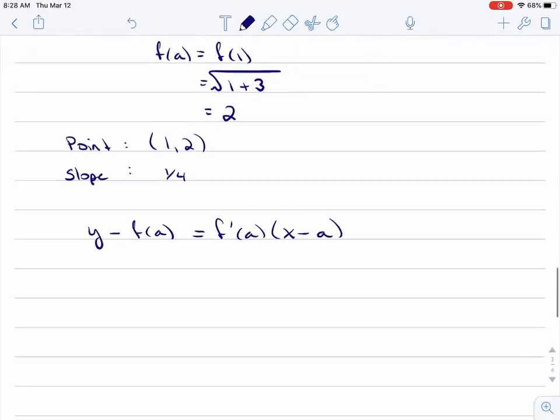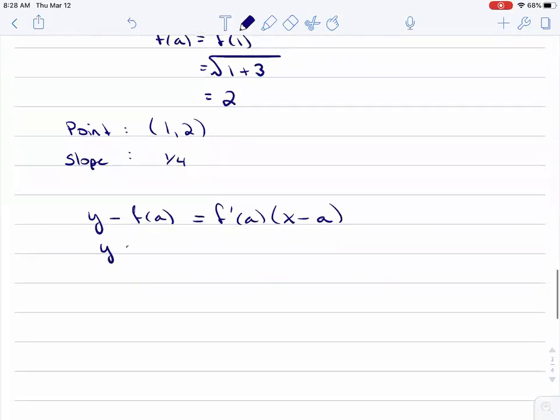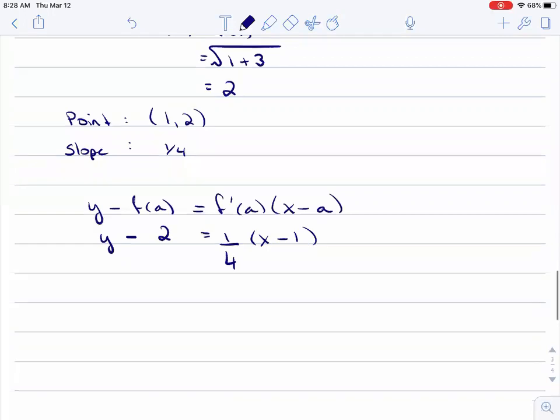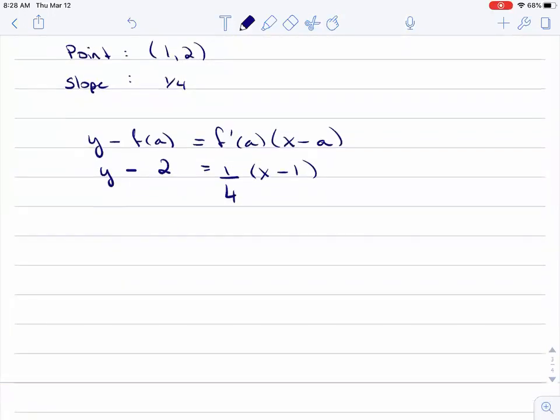Just plugging in those numbers, we get y minus 2 is 1 over 4 times x minus 1. I get y is 1 over 4x minus 1 over 4 plus 2.